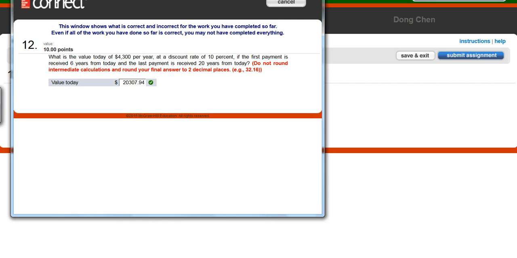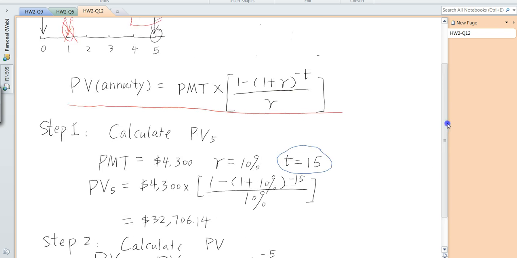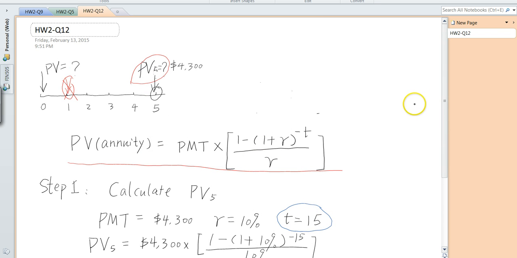So again, I want to use this example. I hope that I have helped you to better understand how to solve questions on ordinary annuity where the first payment doesn't start from year 1, and in this case, it starts from year 6.